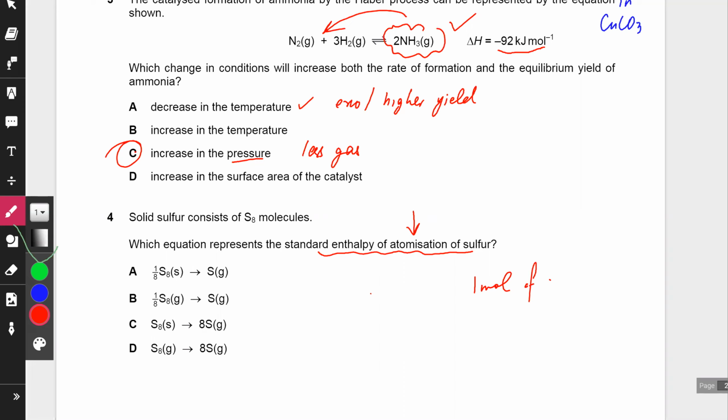That is, 1 mole of gaseous atoms are produced. It's the enthalpy change of the reaction in which 1 mole of gaseous atoms are produced from the element in its standard state.